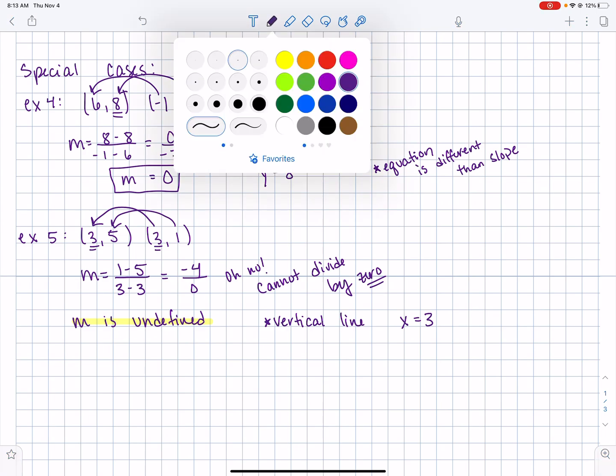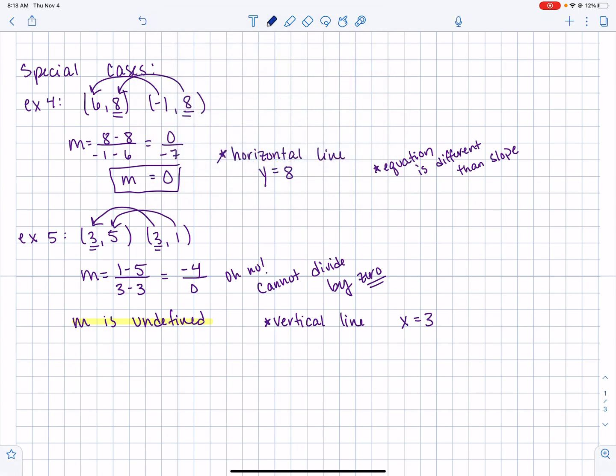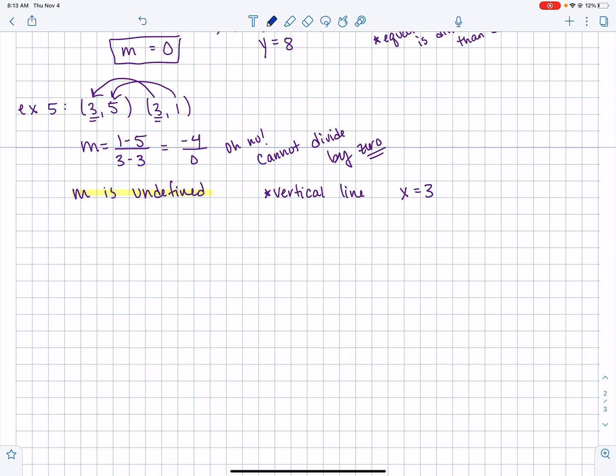So the last little tidbit that you need for your homework tonight is just finding the slope from an equation. So you might have something like negative 5x plus 15y is equal to 1. We're wondering, what is the slope?